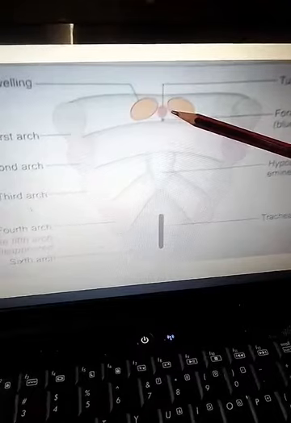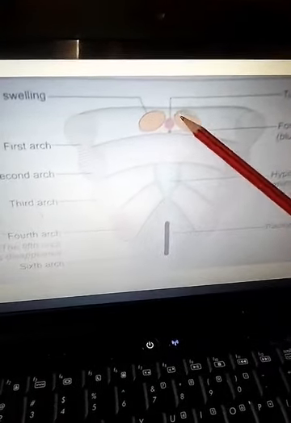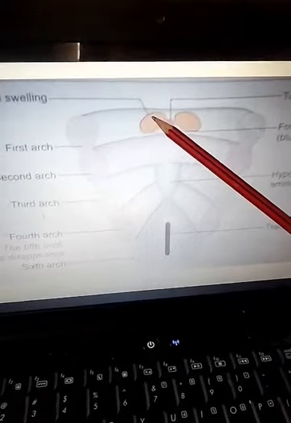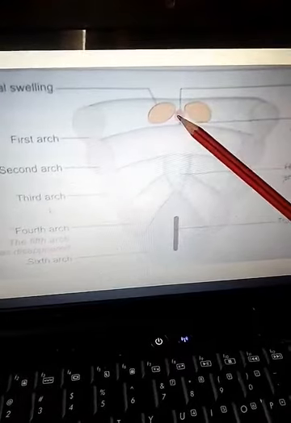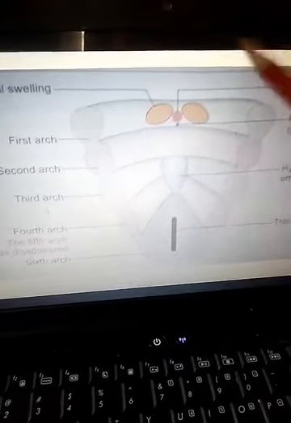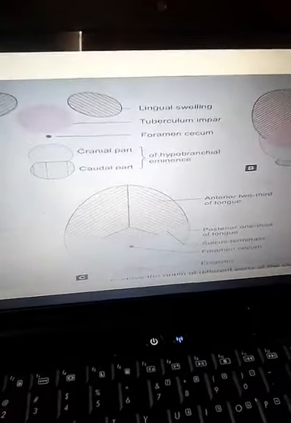Some books write that the tuberculum impar forming the tongue is controversial, but some books write that it also forms the anterior 2/3 of the tongue. So we can say the anterior 2/3 of the tongue is developing from the two lingual swellings in relation to the first pharyngeal arch and by the tuberculum impar. And the posterior most of the tongue, here you can see in this picture.